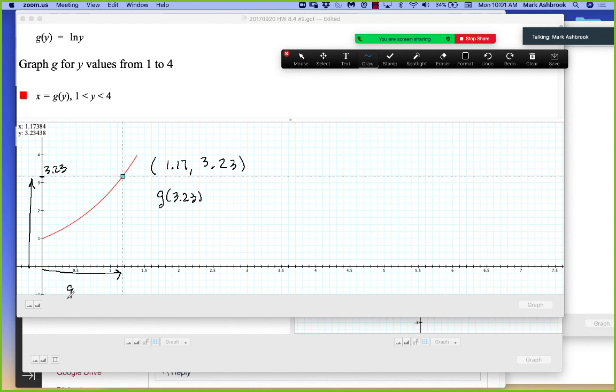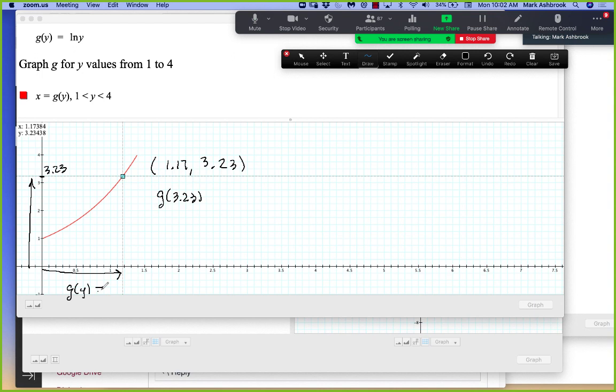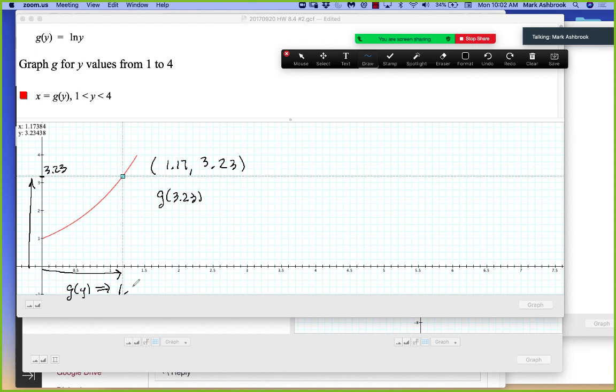So this is g of y, or 1.17, meaning that the natural log of 3.23 is 1.17. So this is y first now, instead of x first, y first. And then this point tells us for that value of y, the corresponding value of g of y is 1.17. And that's shown as the x-coordinate, distance from the y-axis this way. Okay, does that make sense?